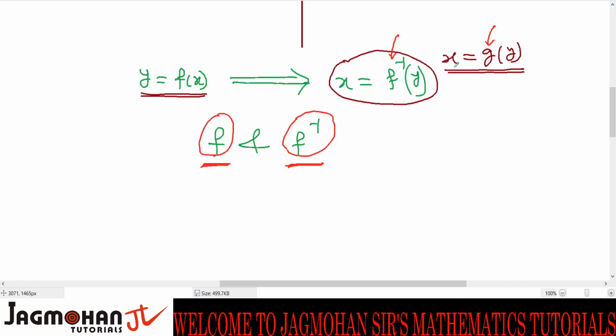But if I had used the g symbol instead of f inverse, then the statement would be very clearly mentioned that f and g are inverses of each other.